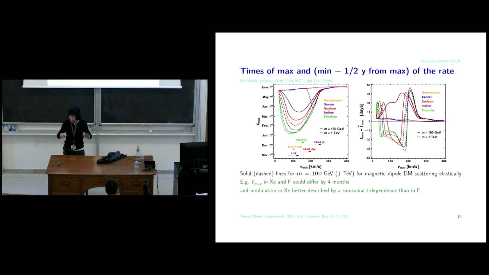Without entering into the details, it can be that the annual modulation is not seen as just a maximum and minimum. It will be seen as a maximum and a minimum and some deformation and so on and so forth that is actually nucleus dependent. And it would be fantastic if you would get that, because then you would get a handle on the type of interaction that you have, okay?